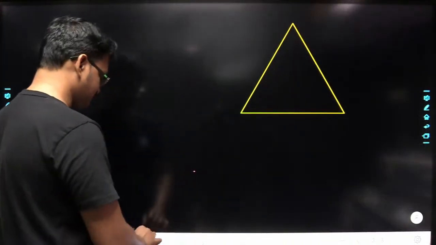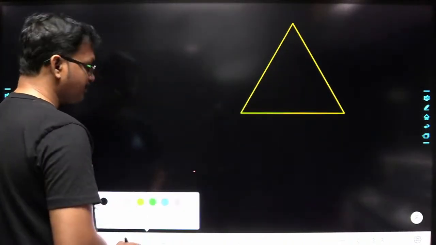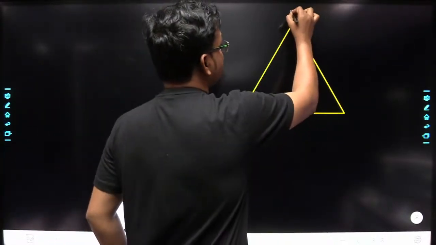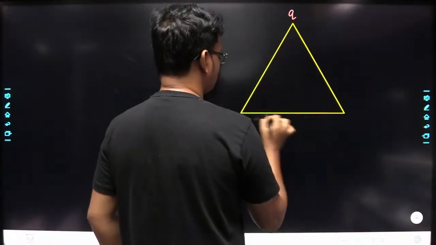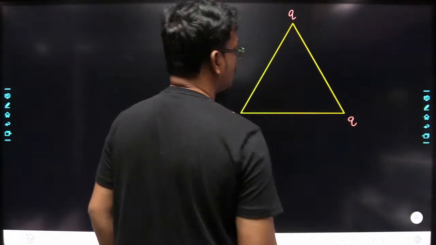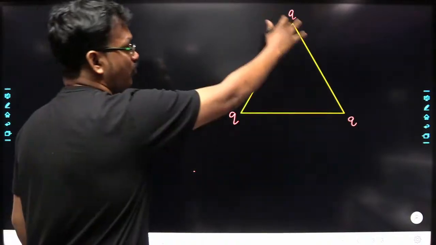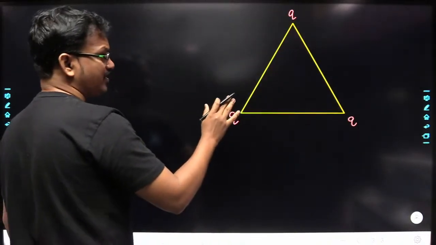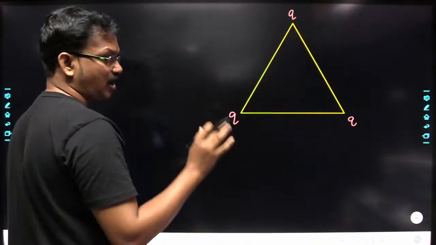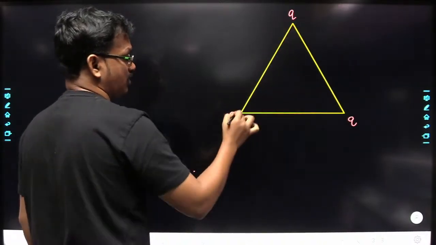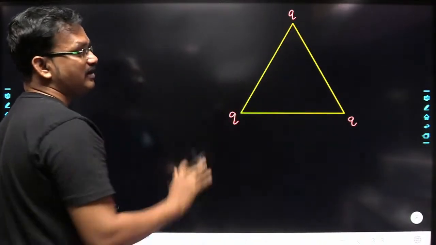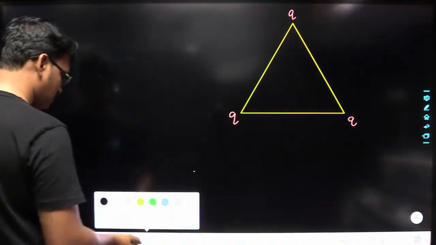So that means here I am placing 3 point charges, Q and Q and Q, so all are identical charges. So all the 3 identical point charges are placed at the vertices of an equilateral triangle. Okay, so if you want you can write that.